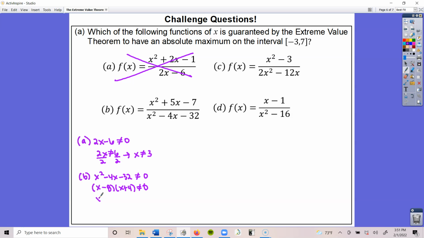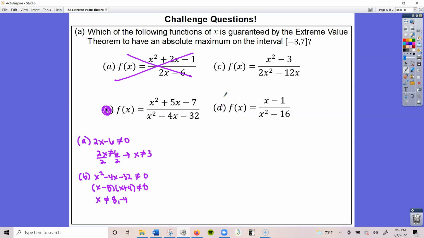So that means that x cannot equal 8 or -4. Now if you check both of these numbers to make sure that they are not in this interval, 8 is after the 7, so that's fine. -4 is before the -3, so that's fine as well. So that means that on this interval from -3 to 7, it will be continuous. So B would be your correct answer.